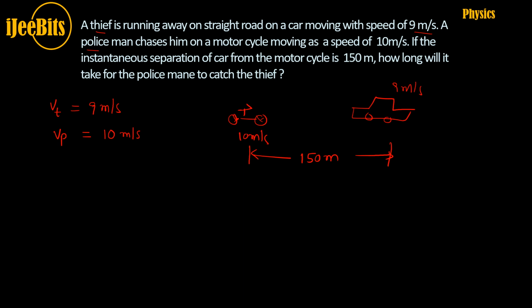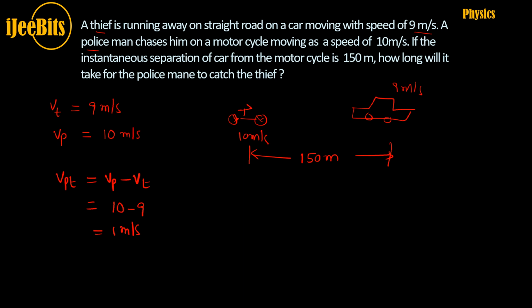So what is the relative velocity? We are talking about the velocity of the police with respect to the thief, right? V_PT means VP minus VT, velocity of the police with respect to velocity of thief. How much? 10 minus 9. This is 1 meter per second. Units are same. So distance is 150. Now what is being asked? How long it takes for the policeman to catch the thief.